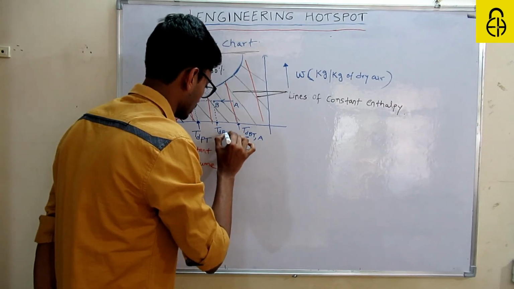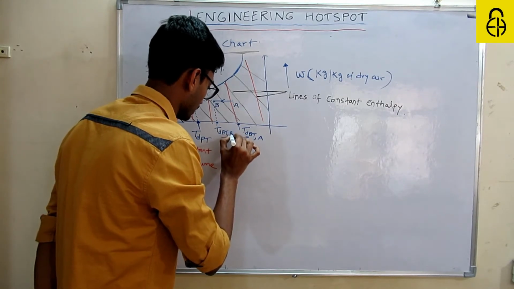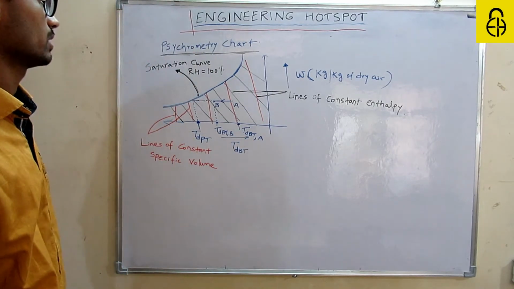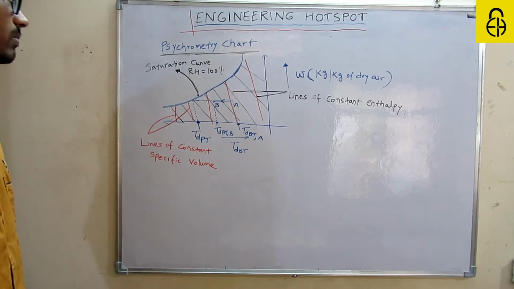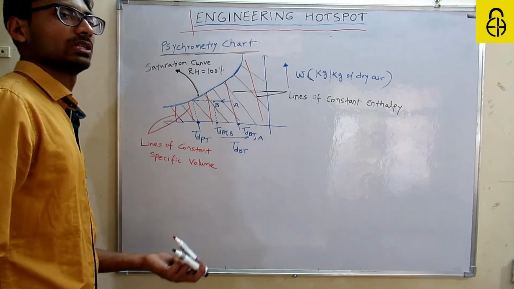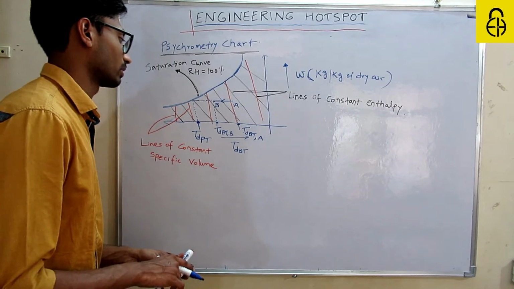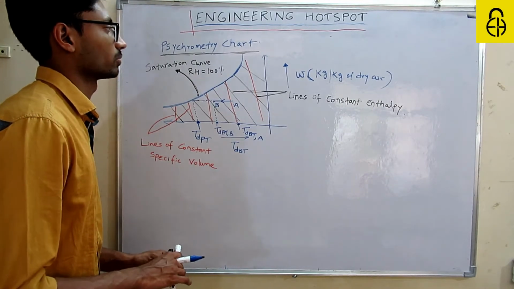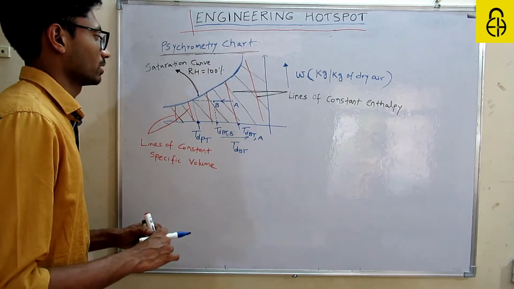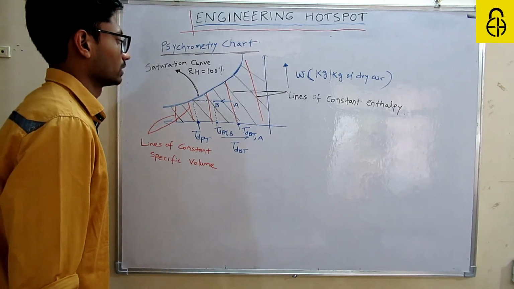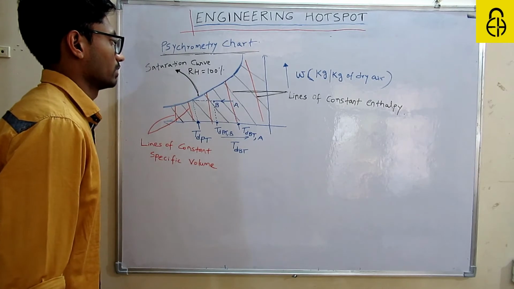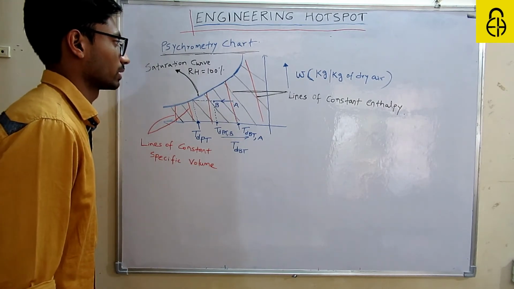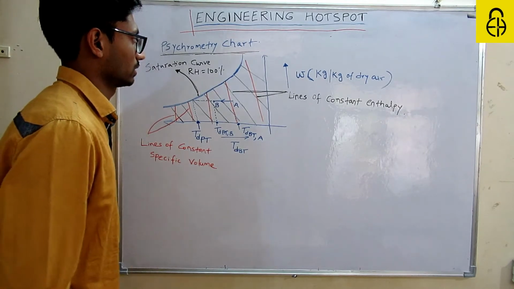I have just given one sample process. For other processes we will see when we deal with different processes in a psychrometric chart. How to determine WBT, I will explain in the next class.